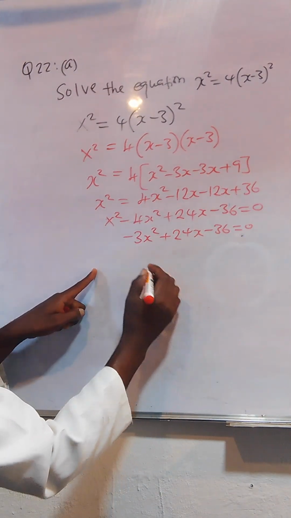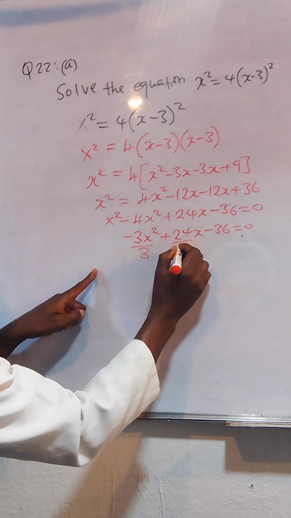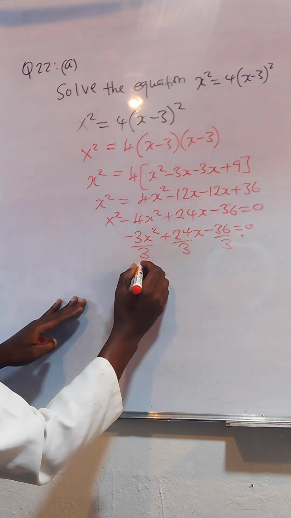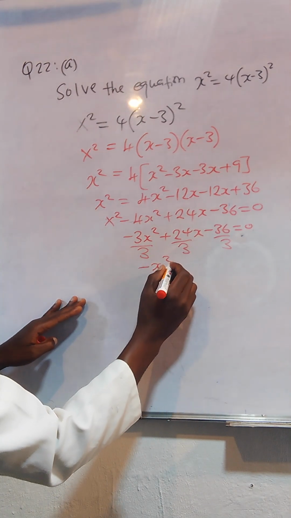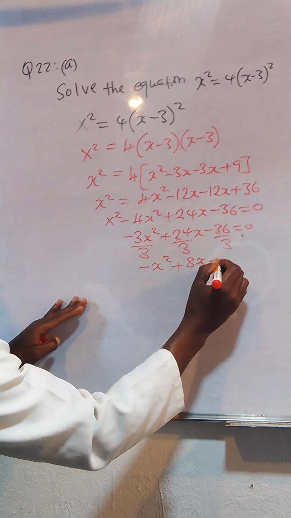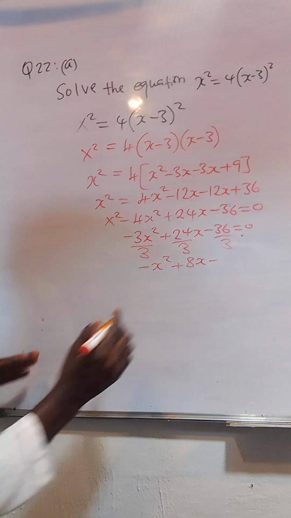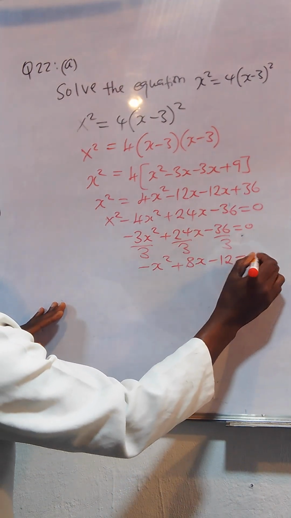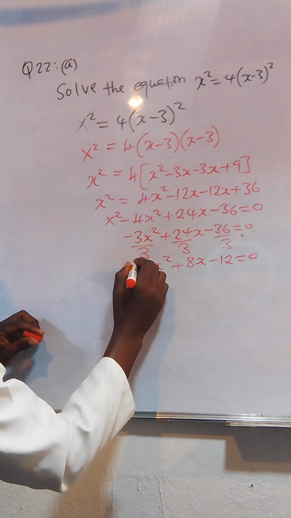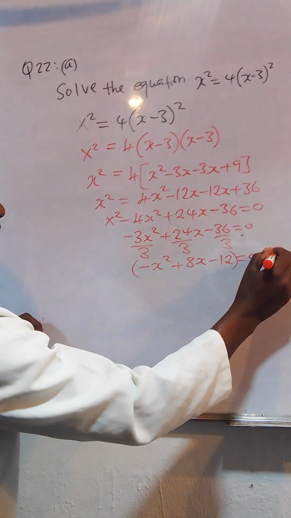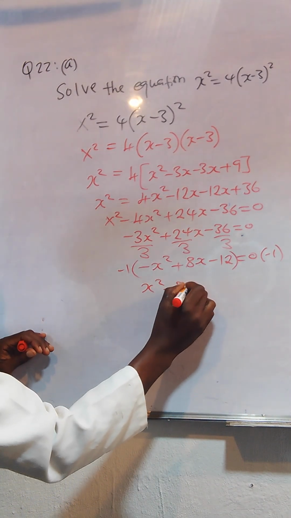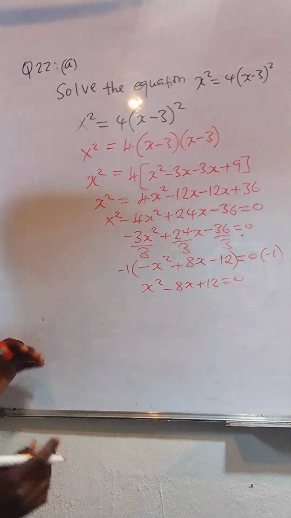And then from there you can divide throughout by 3, because 3 appears to be the common factor, and this will be negative x squared, then plus 8x, then minus, 3 into that, we're going to have 12, equals that. And then of course we can multiply everything by negative 1. So I'm going to say x squared minus 8x plus 12 equals 0.